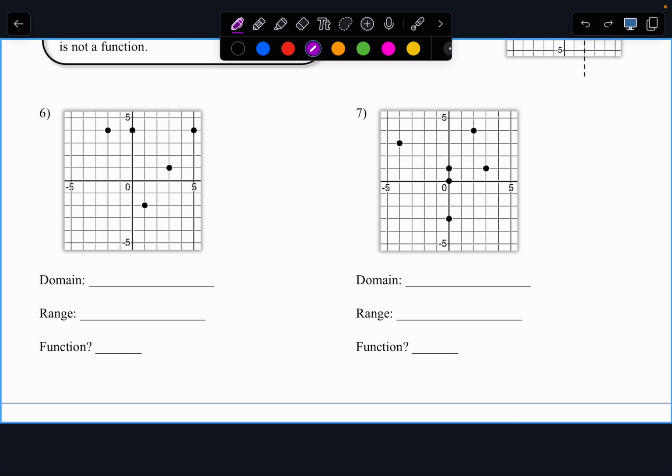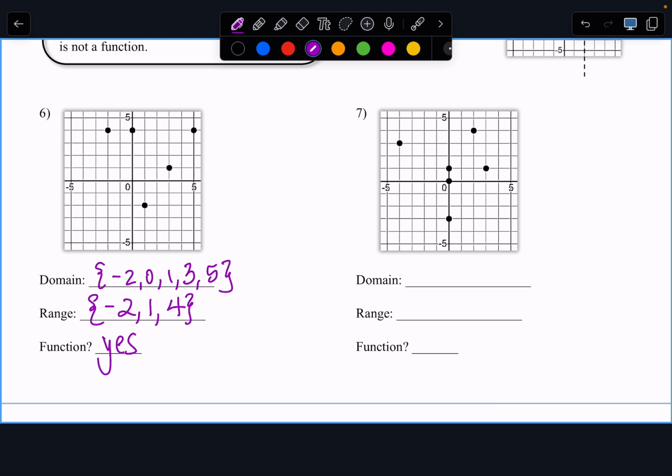Okay. Axton, give me the domain for 6. Good. Okay, Ray, give me the range for number 6. 1 and 4. Good. All right. Bennett, is this a function?